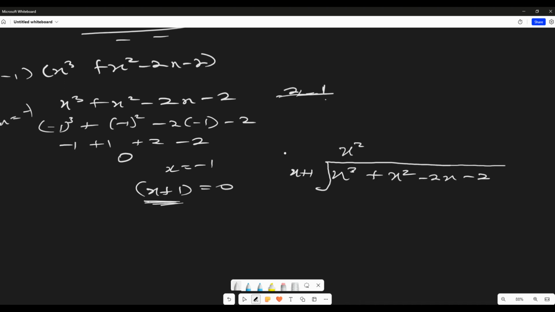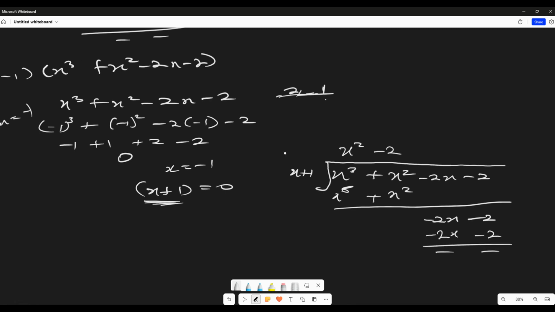When I multiply back, I'll get my x cubed. This time this will give me x squared. Then I perform my subtraction. Minus 2, then minus 2x. These two will drop. Let's go into minus 2x how many times? Minus 2 times. I multiply back, I'll get minus 2x. I multiply here, I'll get minus 2.